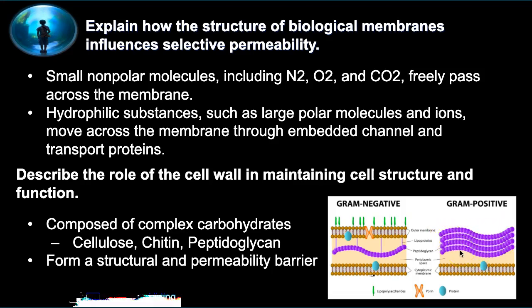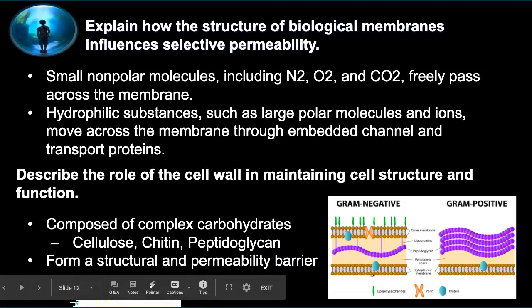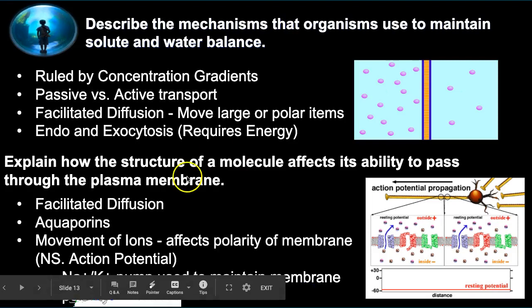And a lot of times the structural components are in layers, right? We talked about how cellulose forms layers. So that's all talking about how it's structured. Here, in the gram-negative, that peptidoglycan is on the inner surface. So we know membranes form a permeability barrier. Cell walls form more structure, as well as a permeability barrier.